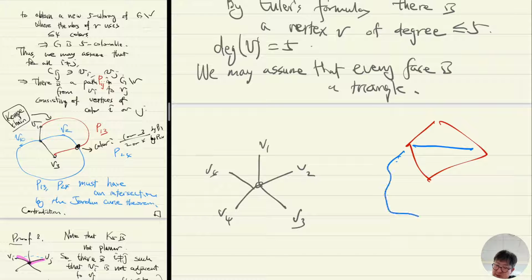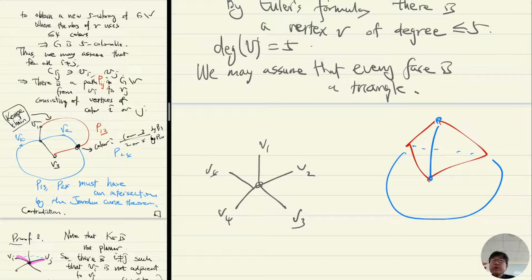Potentially there's an edge like this, then when you add a chord, you are creating parallel edges. So you don't want to create parallel edges. That's a big danger. But in that case, instead of this diagonal, you do that diagonal.